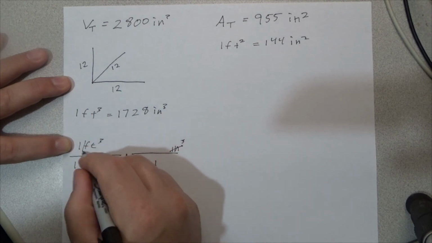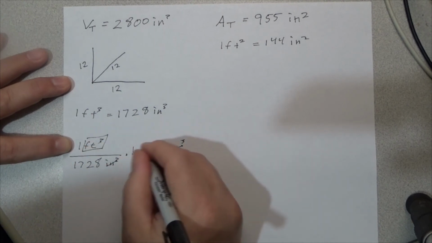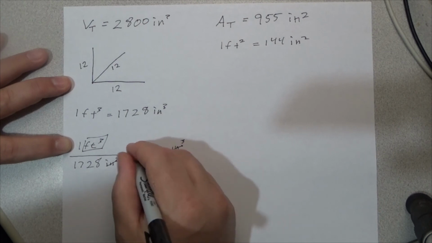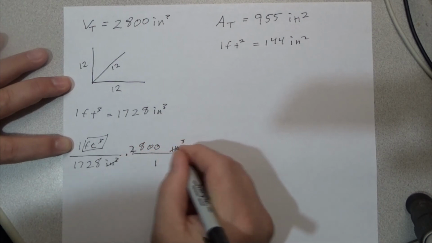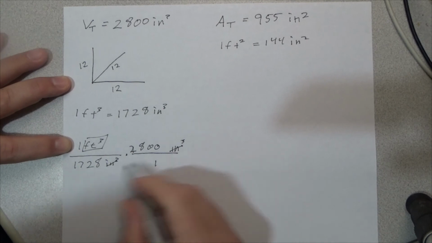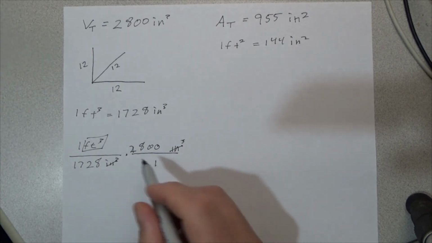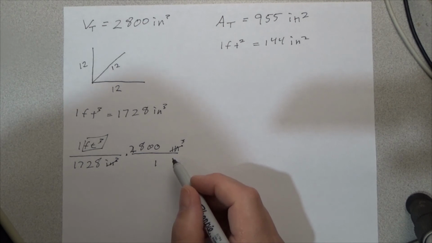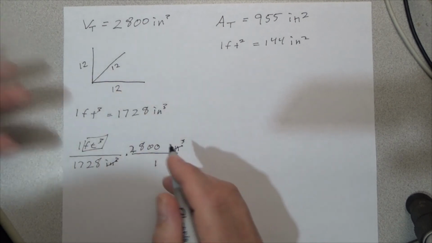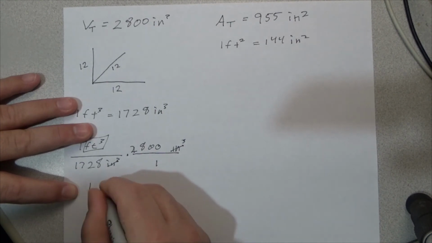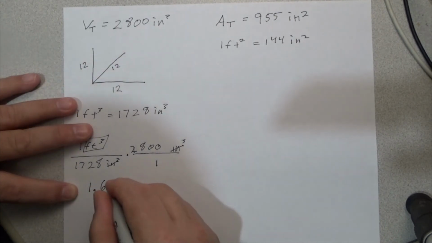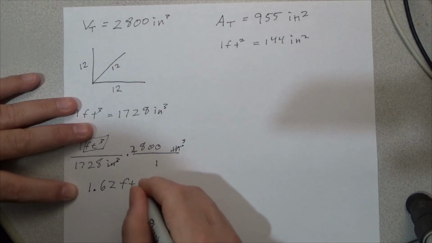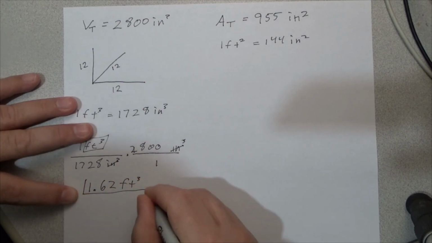The only thing I'm left with is feet. So that was 2,800 inches cubed. So this becomes 2,800 divided by 1,728. And that is 1.62 cubic feet. That's going to be my volume.